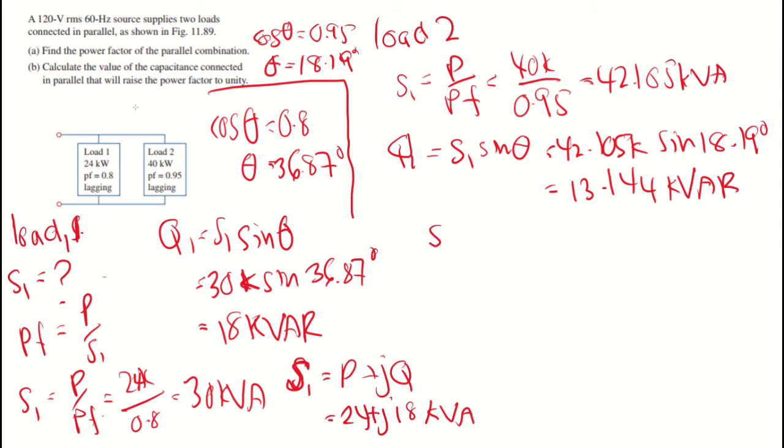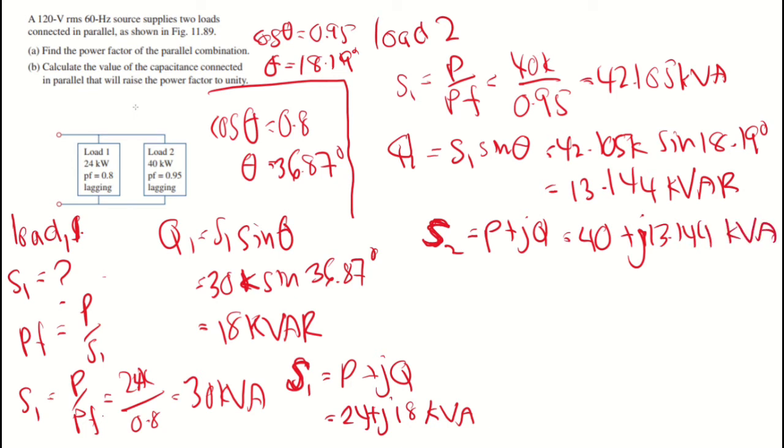So for the complex power of load 2, S2, we get P plus jQ. P is 40K plus j, the reactive power 13.144 kVA. To get the total complex power, we just add S1 plus S2.